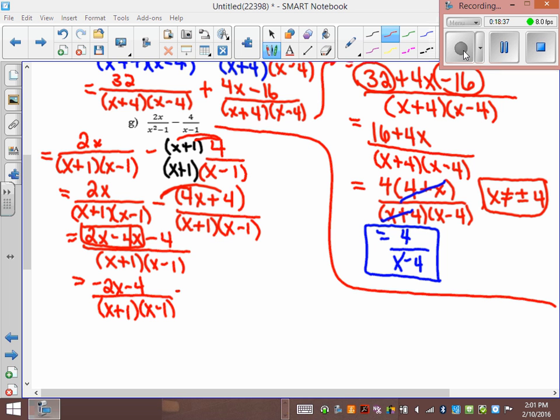You could take a negative 2 out of the top if you wanted to, and you'd have x plus 2. But it doesn't match anything in the bottom anyways. It just looks nicer, I guess. Whatever math looks nice is. And then x can't equal plus or minus 2, minus 1.